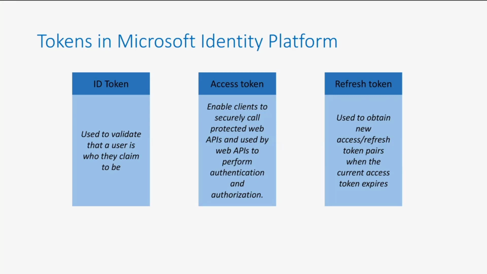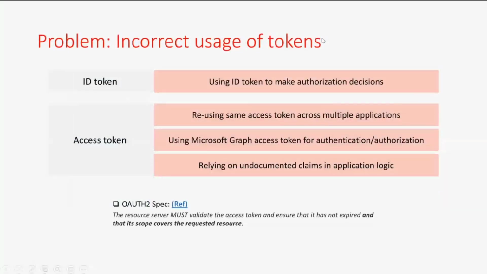And finally, refresh tokens are the ones used as an artifact to exchange access token pairs in a long-running transaction or an application that is designed to run continuously. So with that default expectation set, let's move on to the problems that we generally see with these implementations.